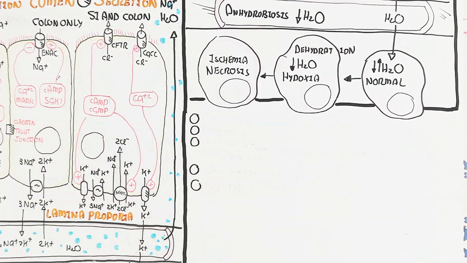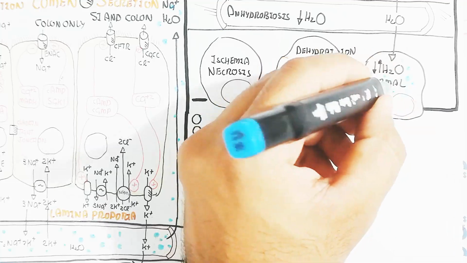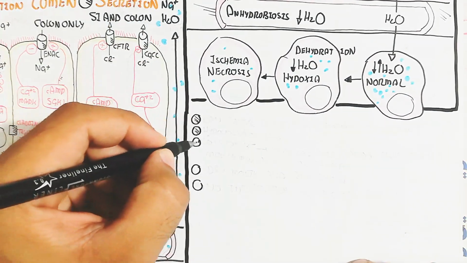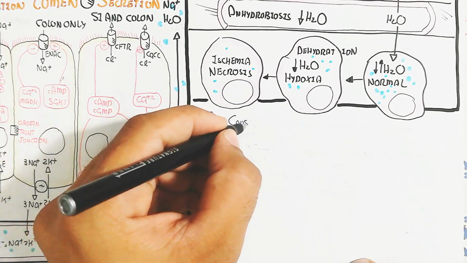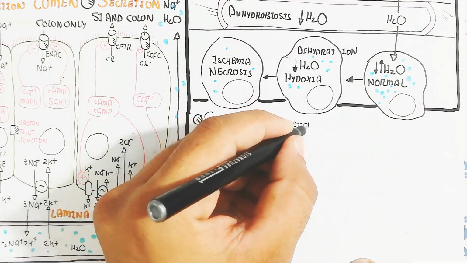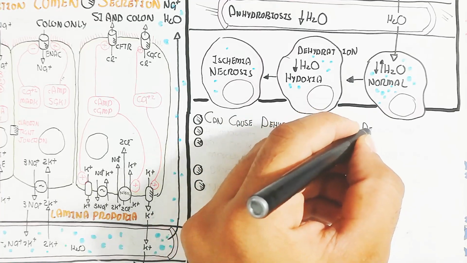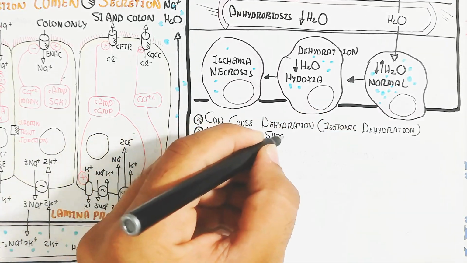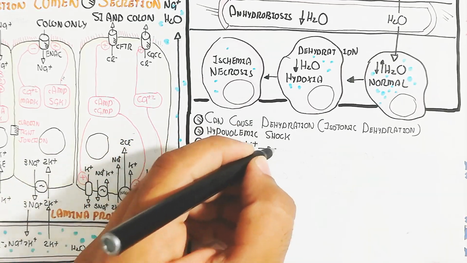It can cause dehydration, due to the loss of water from the tissue, even from the blood circulatory system, which will lead to hypotension also. The isotonic dehydration will lead to potassium decrease and hypovolemic shock.